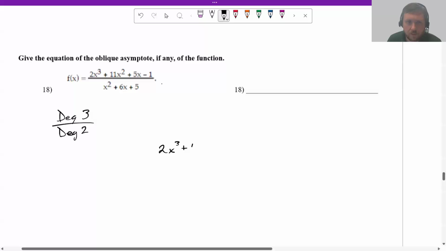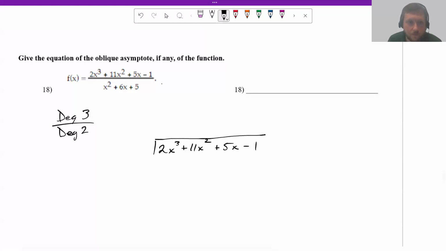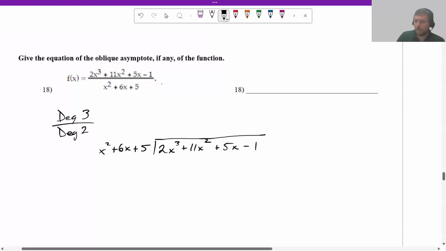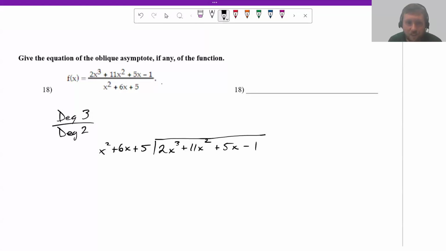So these guys are all fine. So I can see degree 3, degree 2, degree 1, and then we're dividing it by x squared. You may need to pause the video here and there.